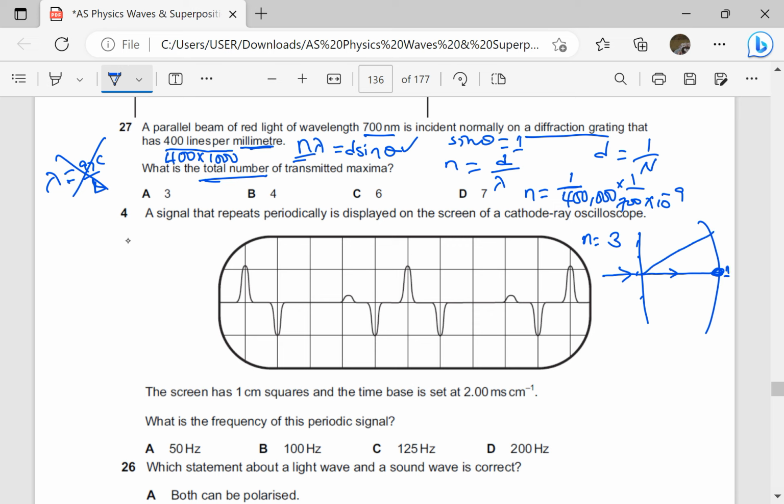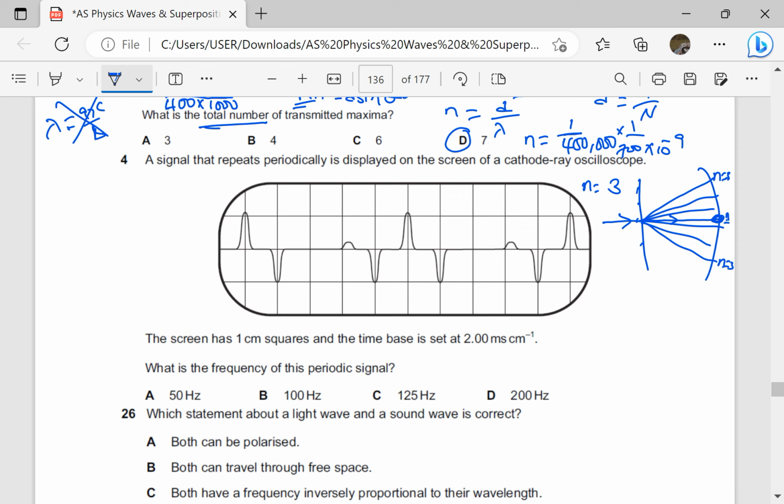Then we shall have n equals 3 this side and n equals 3 the other side. So 3 up, 3 below, plus the central bright fringe, giving us a total of 7. So the answer is going to be 7.